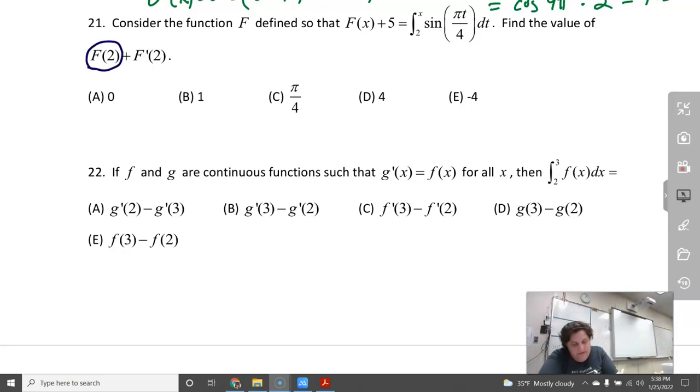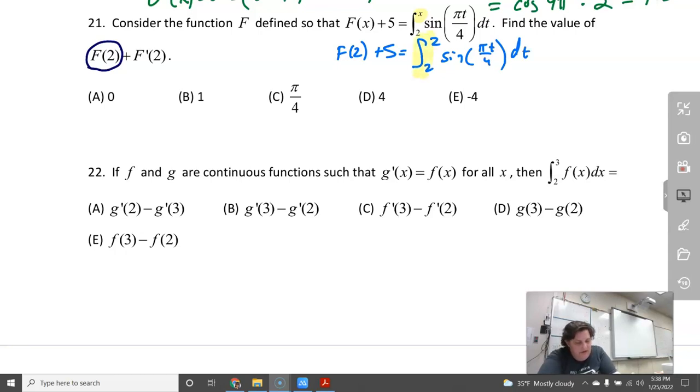Let me find f of 2 first. I just have to put in the 2. F of 2 plus 5 is the integral from 2 to 2. I'm plugging in for x, sine of pi t over 4 dt.